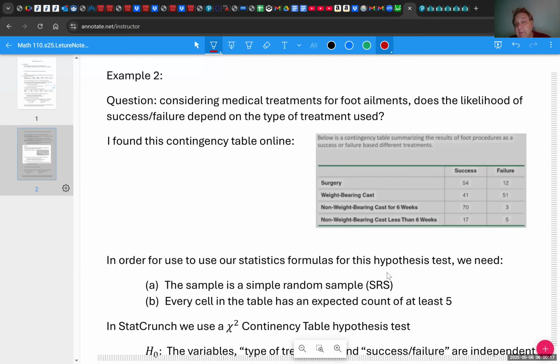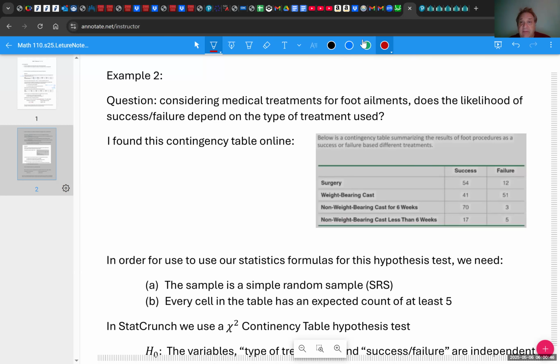We need a simple random sample, and every cell in this table, which means every number listed, has to have an expected count of at least 5. The data I got this from didn't say it was a simple random sample, but for the purposes of this video, just to go with the explanation of how it works, let's assume that they got this from a simple random sample. And then again, I'll talk about the expected count of at least 5.